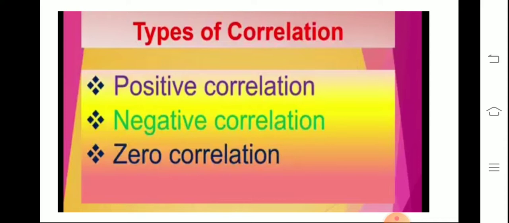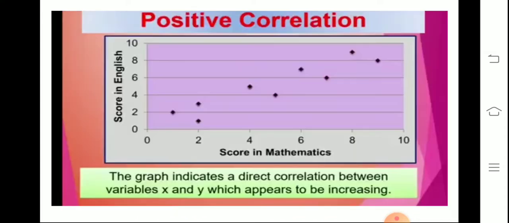We have three types of correlation: positive correlation, negative correlation, and zero correlation. For the positive correlation, the graph indicates a direct correlation between variables x and y, which appears to be increasing.